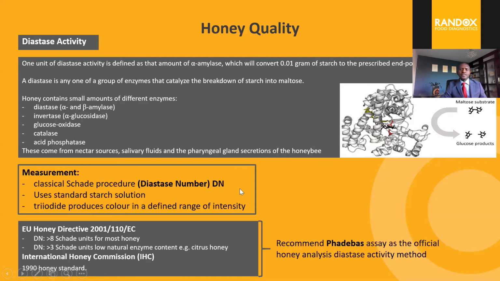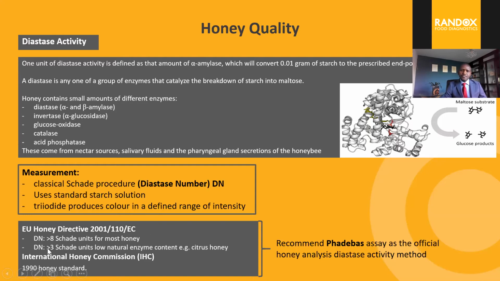The measurement of the diastase activity of honey has been put as a standard by the EU, Directive 2001/110. When you use this, you use what are called Schade units, the diastase number.